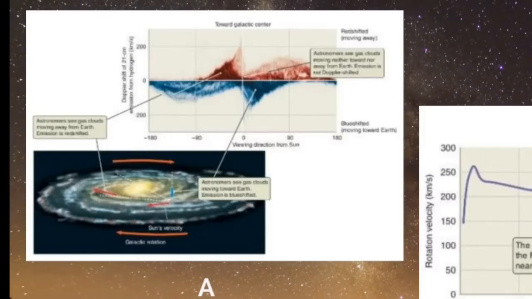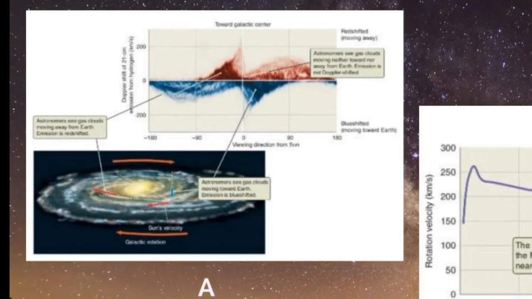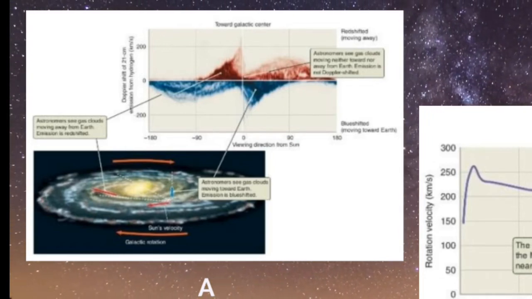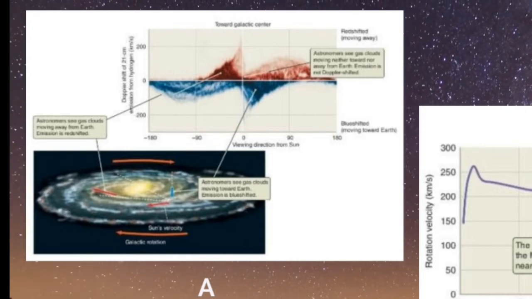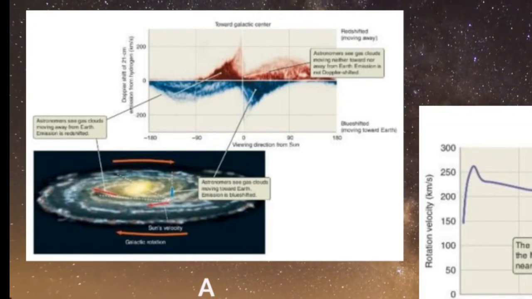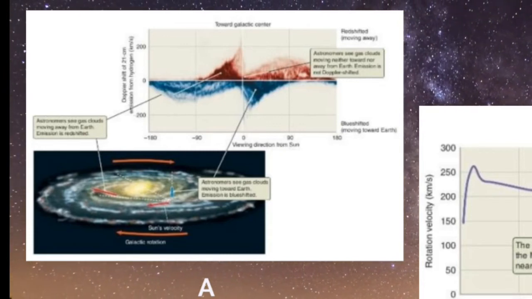Based on this figure, a Doppler velocity measurement based on observations of 21 centimeter emission, the velocities differ as a comparison of redshift and blueshift in the plane of observation.